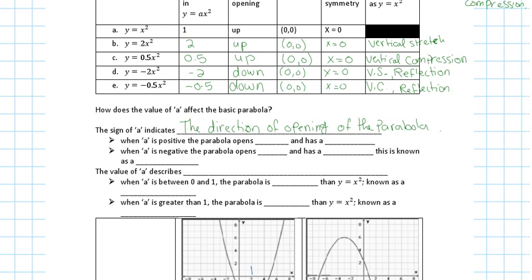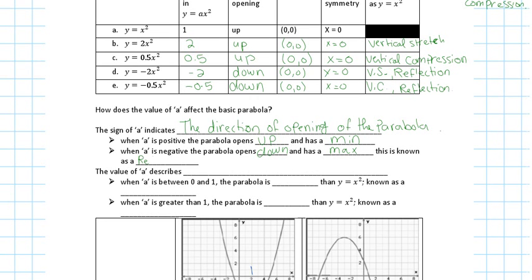When A is positive, the parabola opens up and has a minimum. When A is negative, the parabola opens down and has a max, and this is known as a reflection.